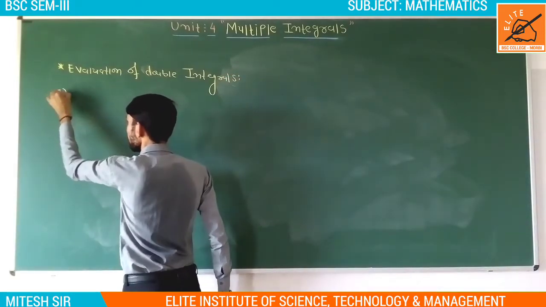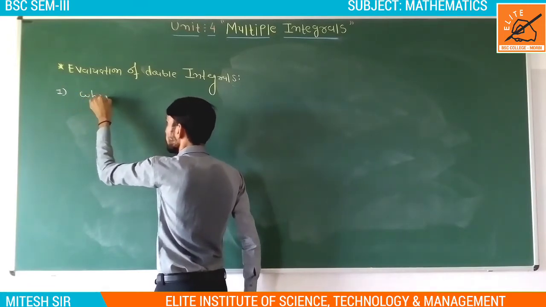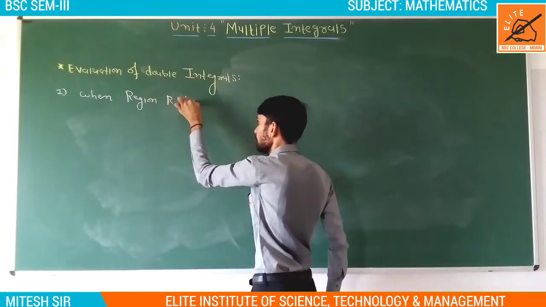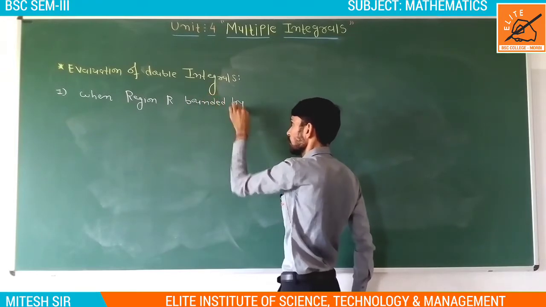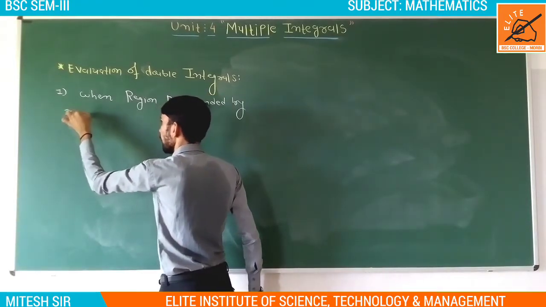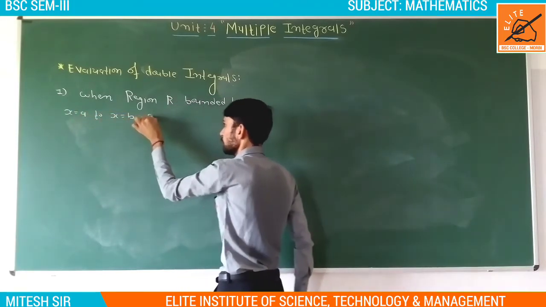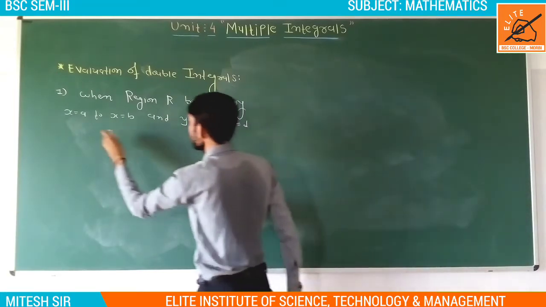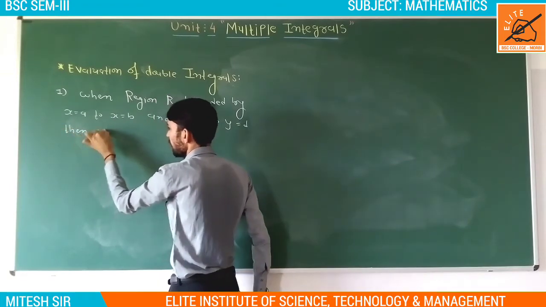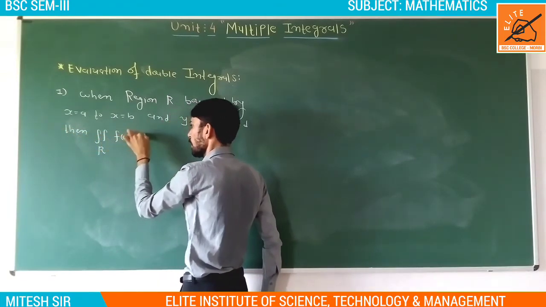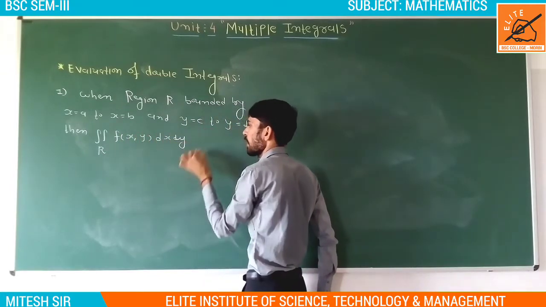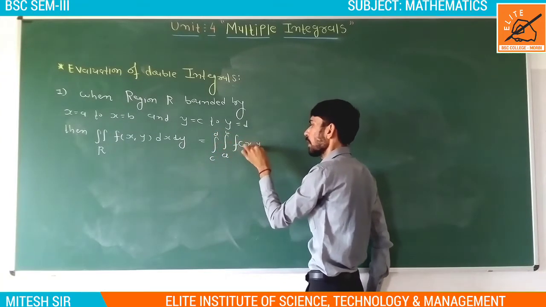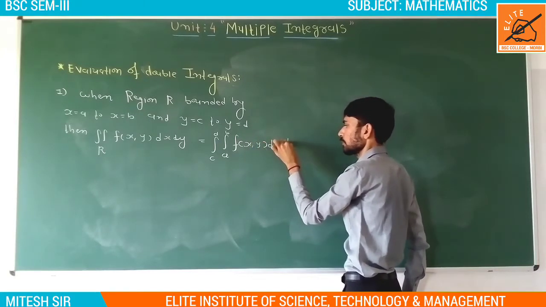So first thing is, when the region is bounded by x is equal to a to x is equal to b and y is equal to c to y is equal to d, then the double integration of f of x y dx dy is equal to integration c to d, integration a to b, f of x y dx dy.